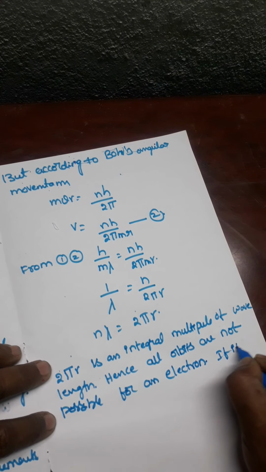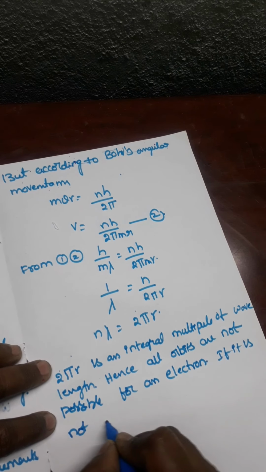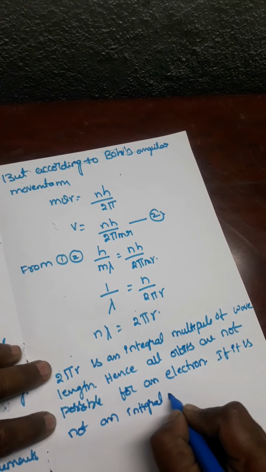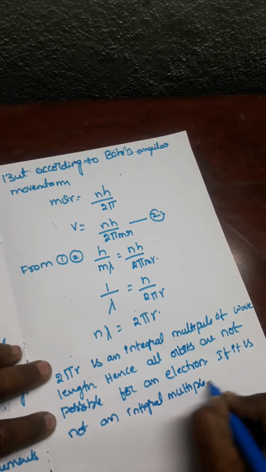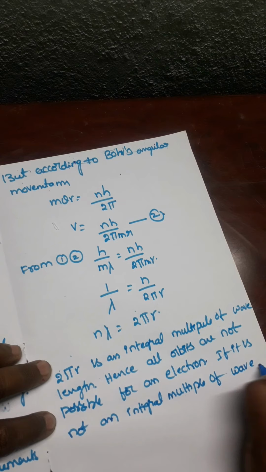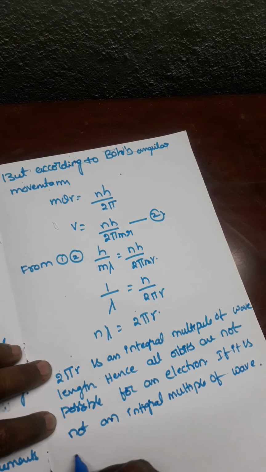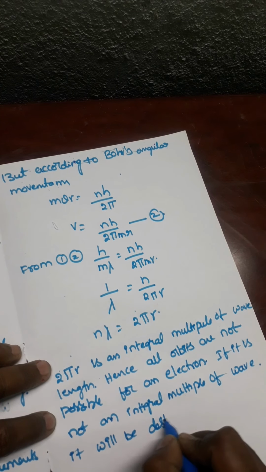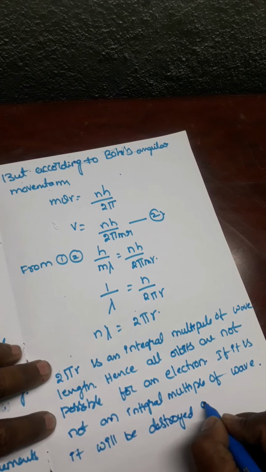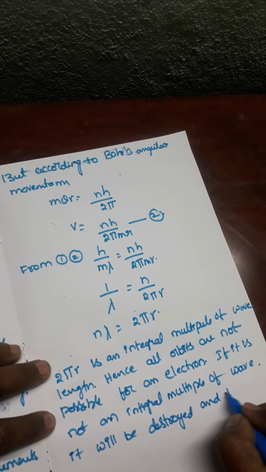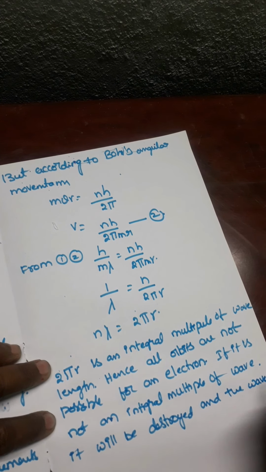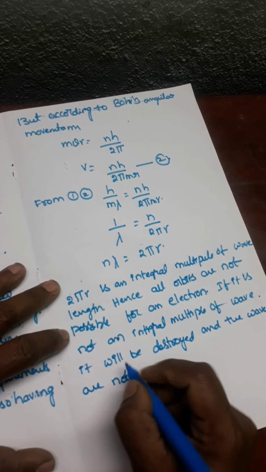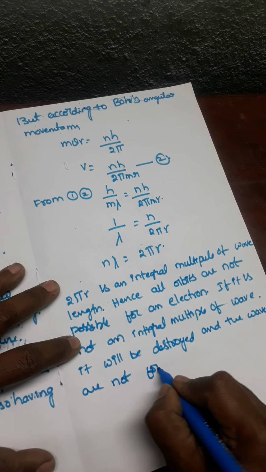If it is not an integral multiple of the wavelength, the wave will be destroyed and the waves are not formed continuously.